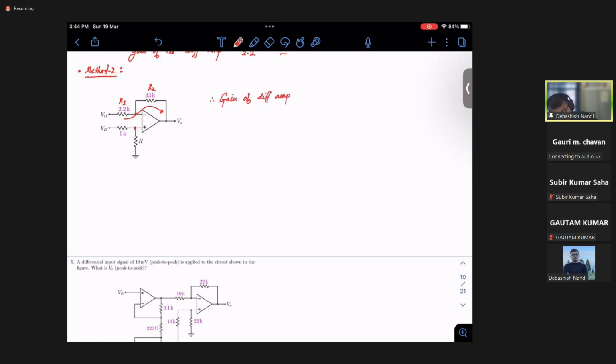Gain of the DFAM will be R4 over R3 or R2 over R1. And what about the resistance ratio? Your R4 over R3 should be equal to R2 over R1. This condition has to be satisfied.